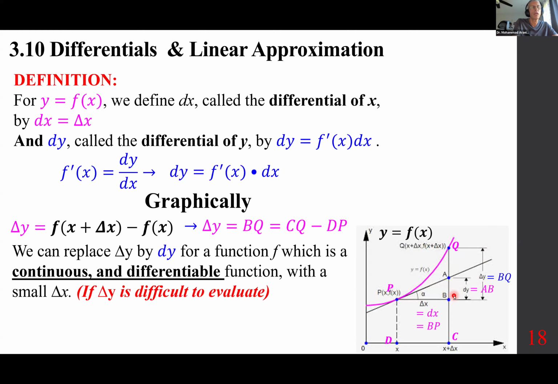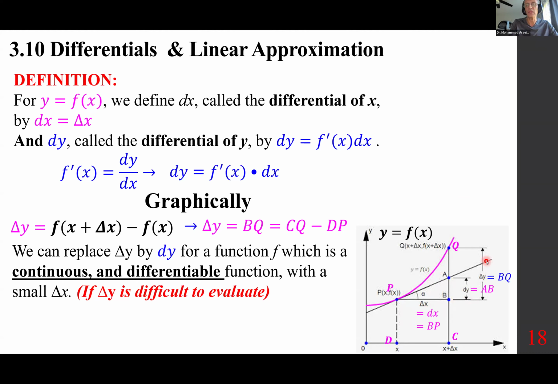However, we can replace delta y by dy for a function f which is continuous and differentiable, with a small delta x. Bear in mind, delta x is blown up here out of proportion, so we can visualize dy versus delta y as completely different.